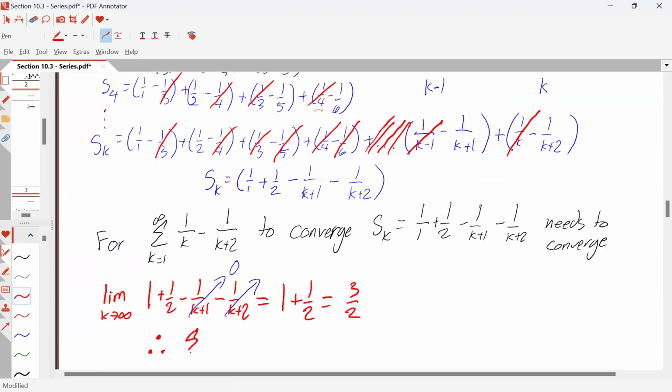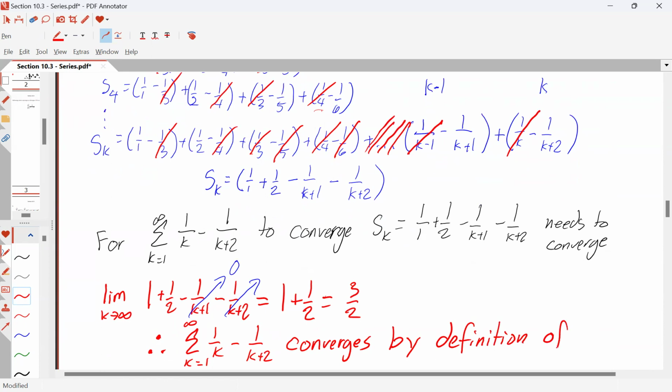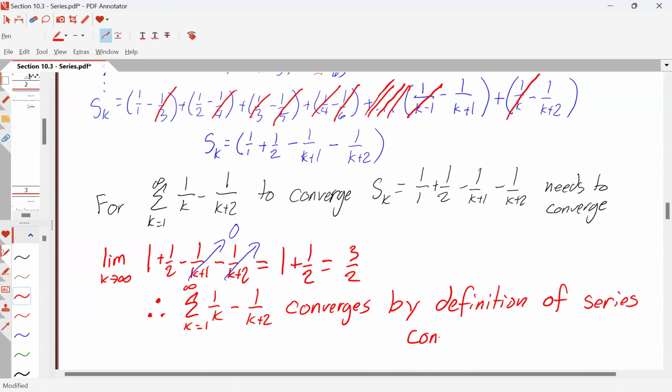Therefore, our series k equals 1 to infinity of 1 over k minus 1 over k plus 2 converges by the definition of series convergence, because what that 3/2 tells us is that the sequence S sub k converges.